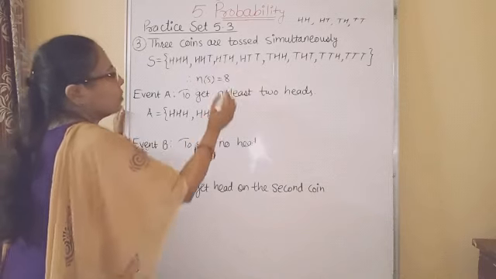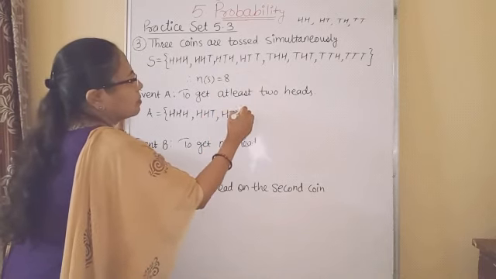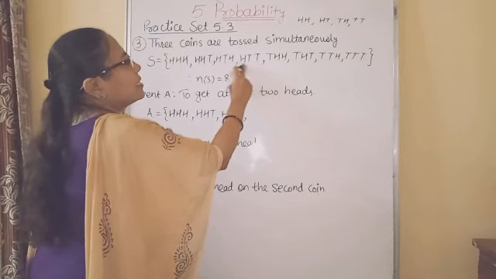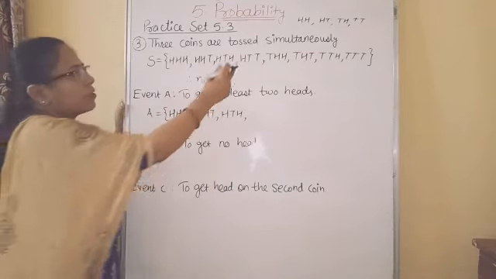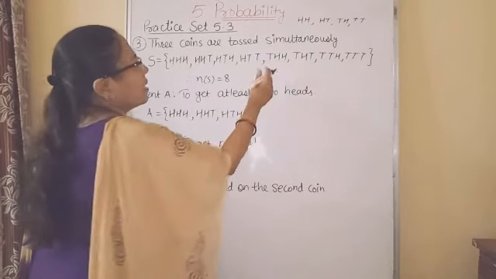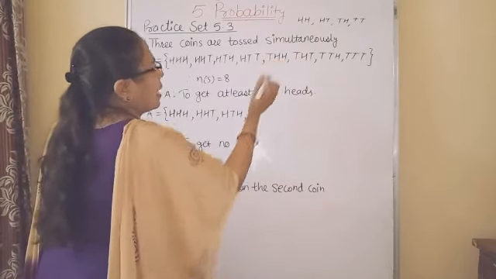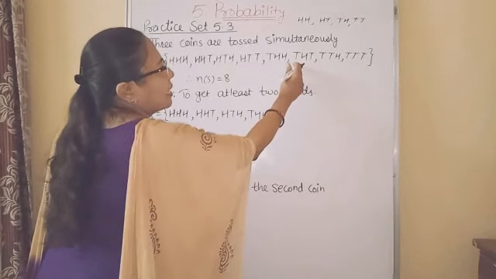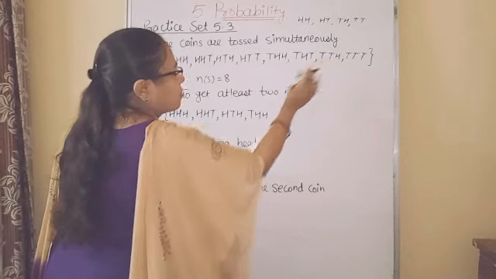HTH. Here also 2 heads are there. HTT, this result we will not take, because here only 1 head is there and we require at least 2 heads. Then next we will take THH. THT also we will not take. TTH also we will not take.